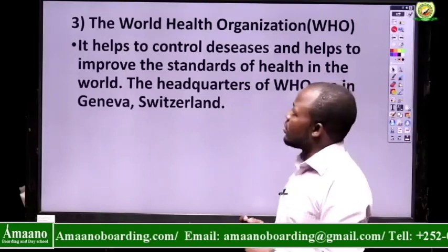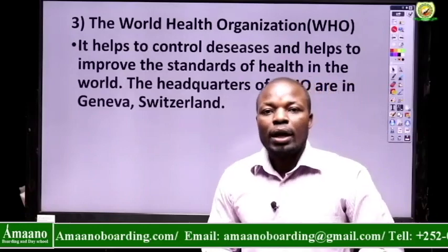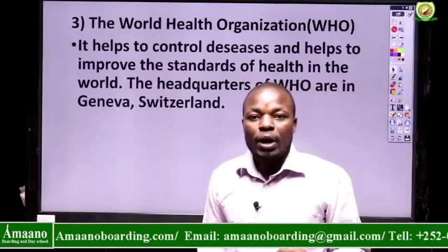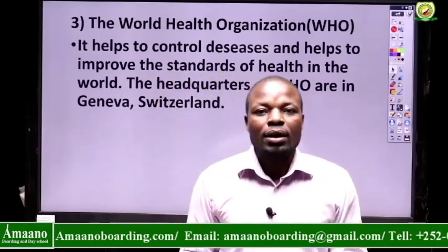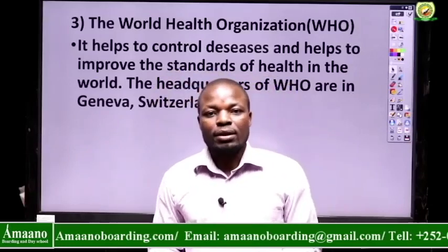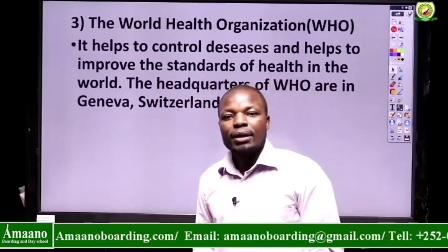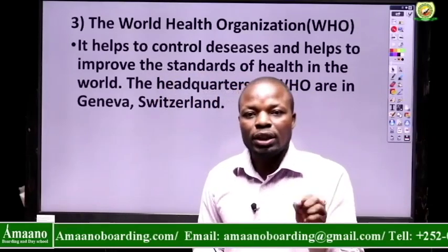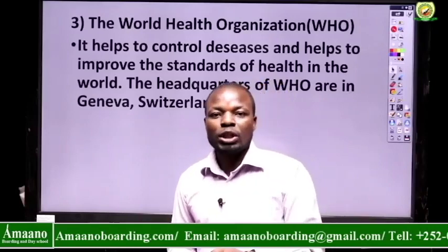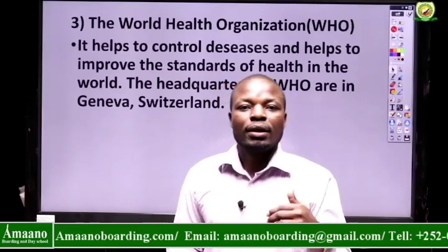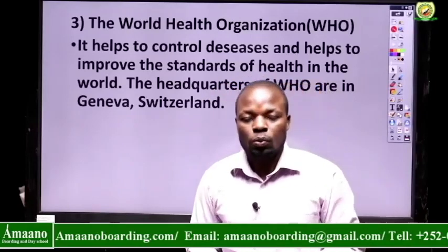Number 3 is the World Health Organization, WHO. Right now, we are in the middle of a crisis, a pandemic, where the COVID-19 disease has really affected the whole world. An organization of the United Nations which is helping people, giving people information about this disease and the virus that causes it, is the WHO.